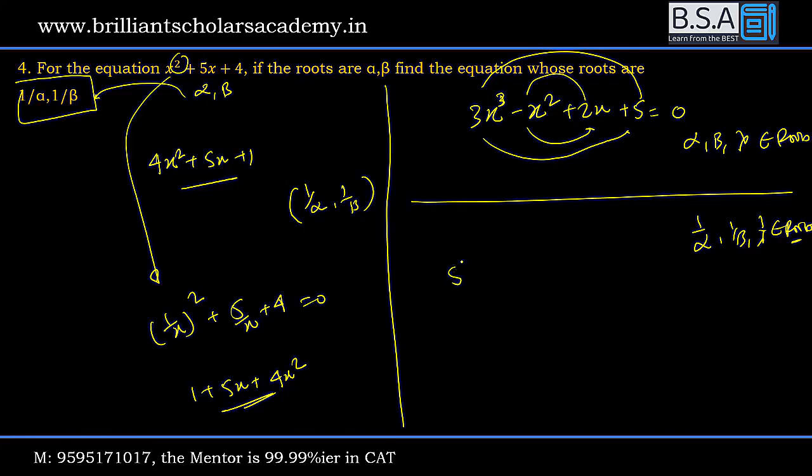It will become 5x cubed plus 2x squared minus x plus 3 is equal to 0. It's a universal property. When you invert roots, the whole equation reverses. Write this down.